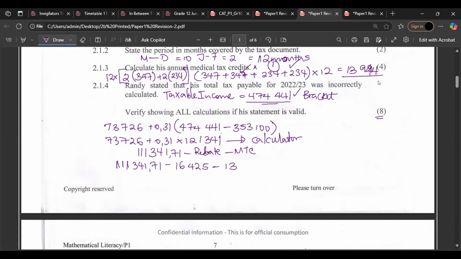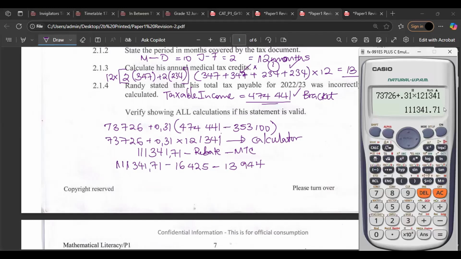This is what we are doing. So 444. Put this in your calculator. Now remember, on your calculator, you still have the answer here. So you don't need to hustle. Just come here, minus, put your rebates, 16,425 minus 13,944.